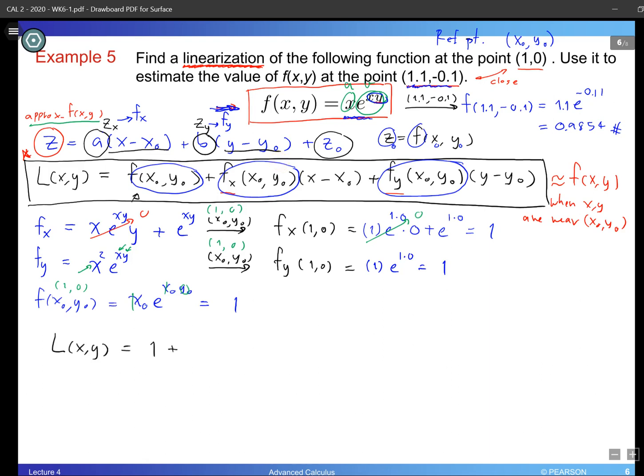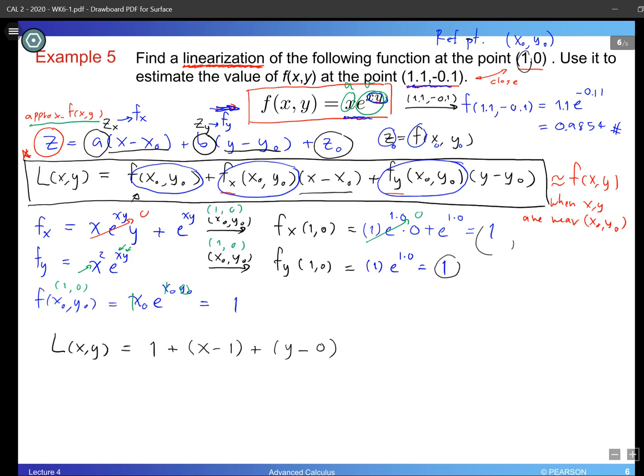Plus partial derivative of f with respect to x at the reference point, and it's equal to 1, again, and with this, x minus x0. x0 equal to 1, the reference point, plus f_y. Once again, f_y equal to 1, so I don't need to put anything here. And we have this y minus y0. y0 is 0.